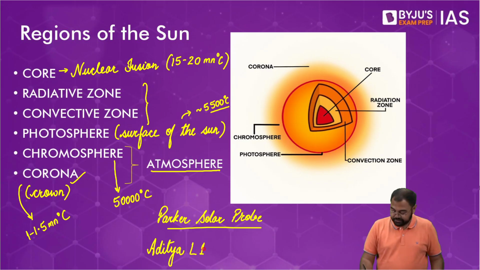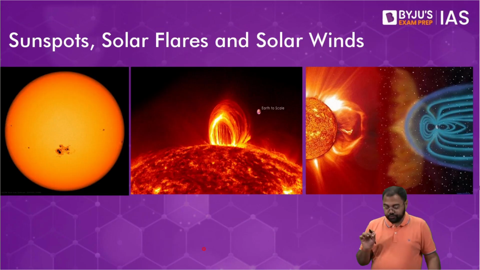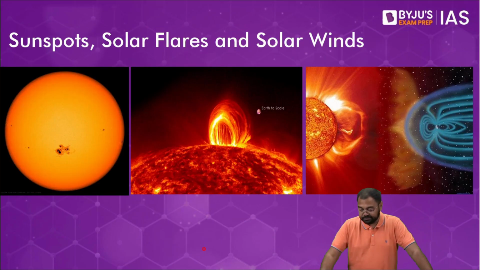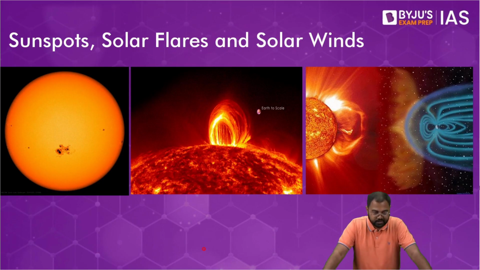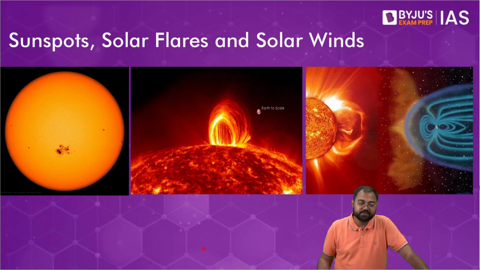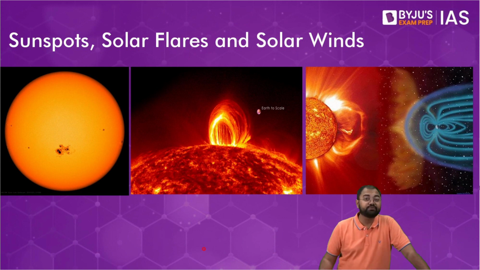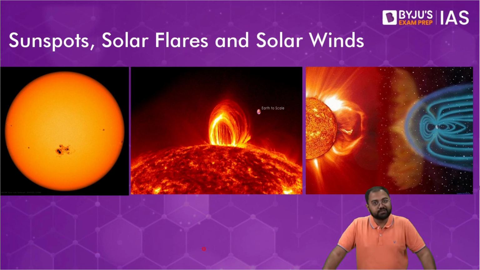Now when it comes to the sun, there are a few phenomena that become very crucial for us: sunspots, solar flares, and solar winds. These are concepts that you will very often see in the newspapers as well. Every year, if you look at the newspapers, you'll see at least 10 mentions of these concepts: sunspots, solar flares, and solar winds.